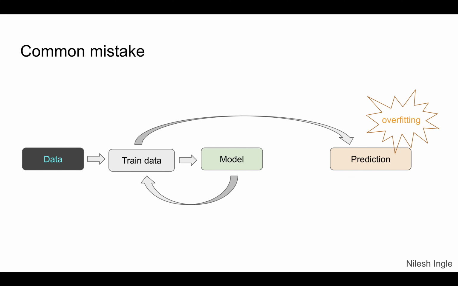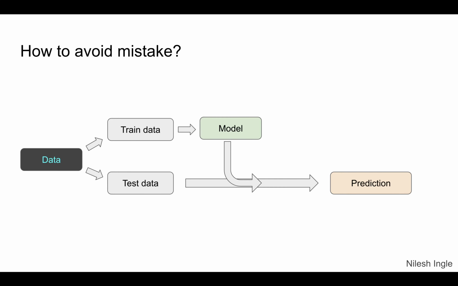So if you have a new data point that comes in that you need to classify using the model that you've created, then that model would not be able to give you the correct answer because the model may overfit on the trained data set, and that's one of the mistakes that can be avoided.